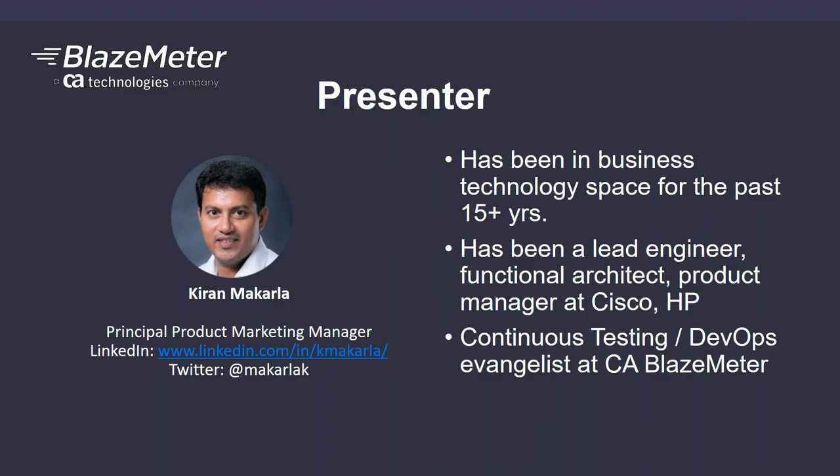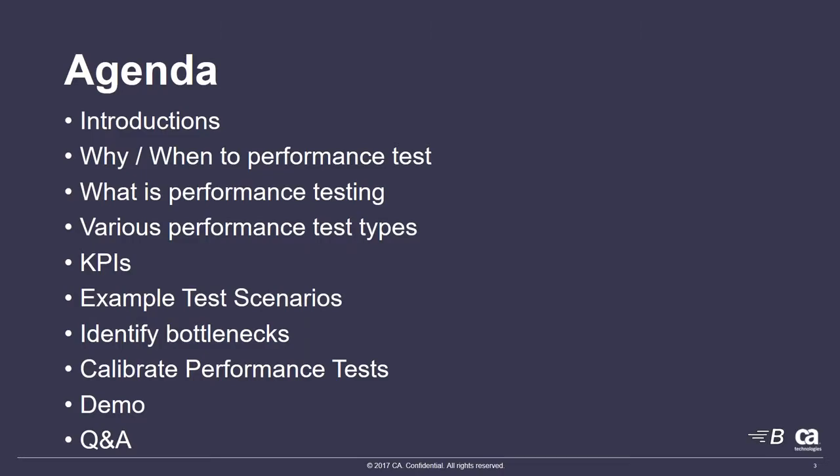With that said, here is the agenda. Today's topics are going to be on why and how you can do performance testing and what exactly performance testing means. There are various types of performance tests which you can run, and we'll go over those. And once you run the test, what are the key KPIs you need to be looking for?